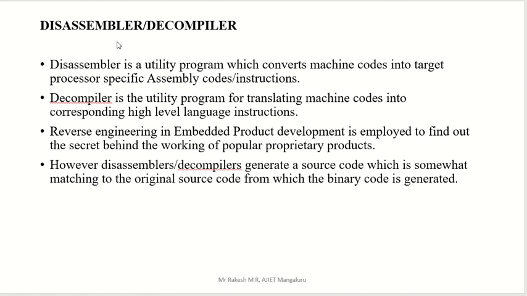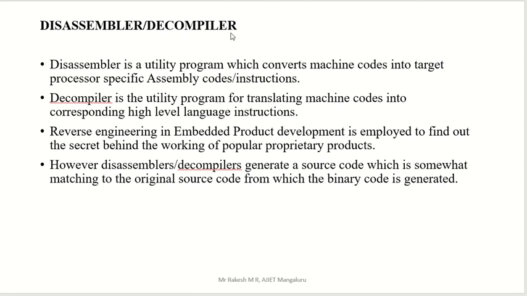First one, disassembler and decompiler. What does disassembler mean? What does decompiler mean? An assembler is a tool to convert your low level language, that is assembly level language, to machine level or binary language.